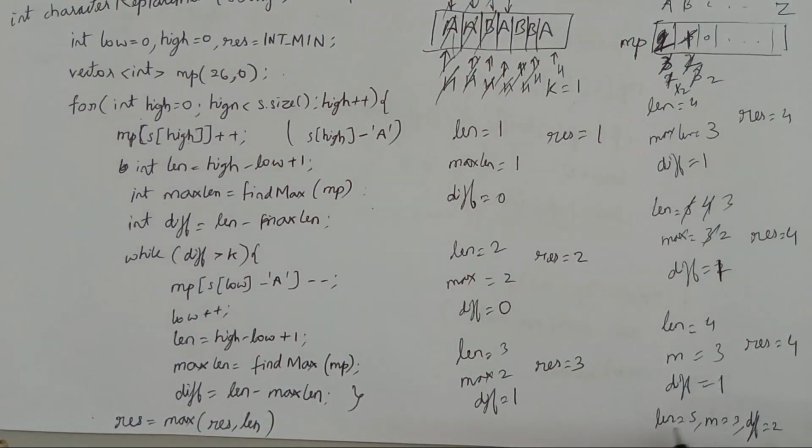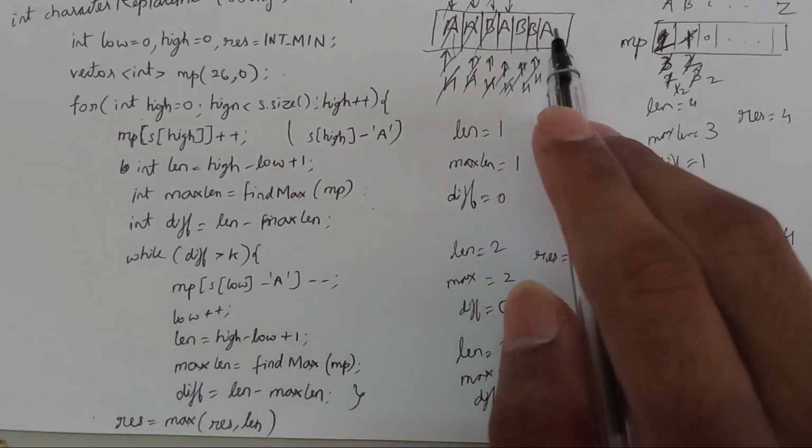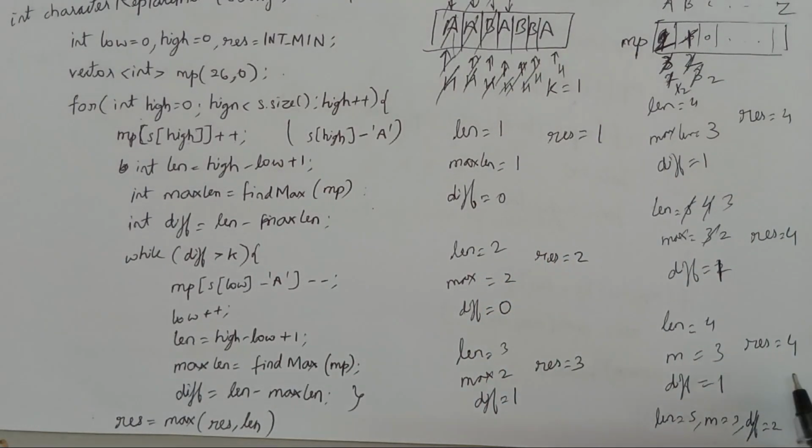Now again length will be 4, max will be 2, 4 minus 2 is again 2, so difference is 2, so again we move this here, and then 2 minus 1 is 1, we stop it here, but the result will remain unchanged, that is 4, so we return 4.